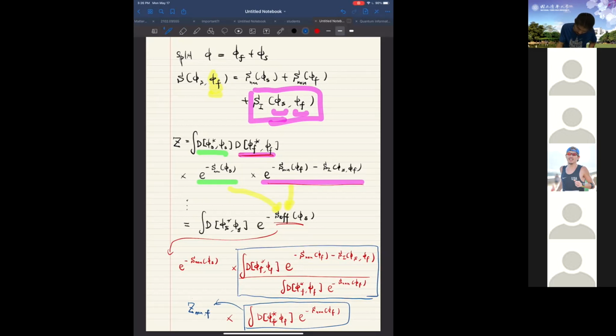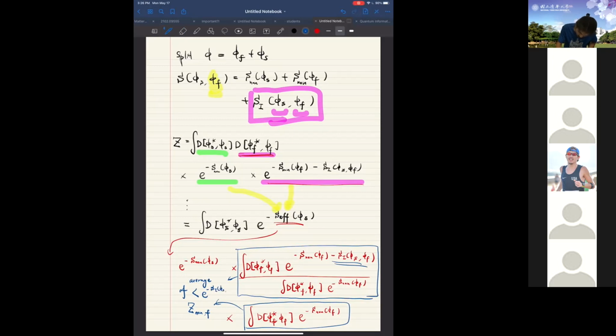So this is some kind of average of a measure, an average of this function.